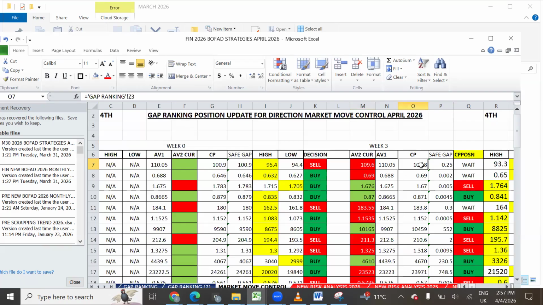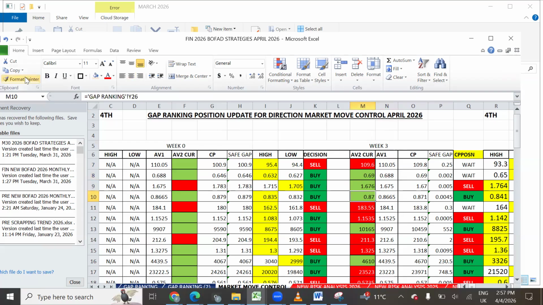So if the current price goes above 110.05 and stays above it, then it's going to be a buy and it's going to push this from 109.6 upwards, because as the market's high price goes up, this will also grow along with it. You can see here this has changed to green because it's higher than 0.688.